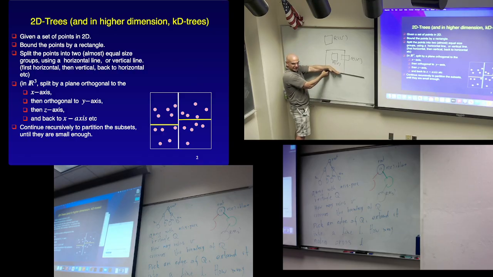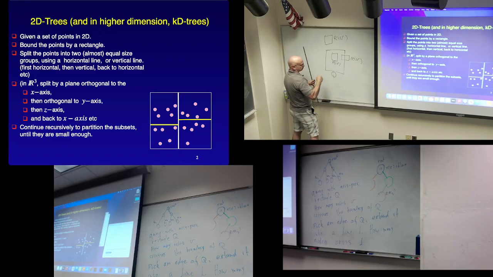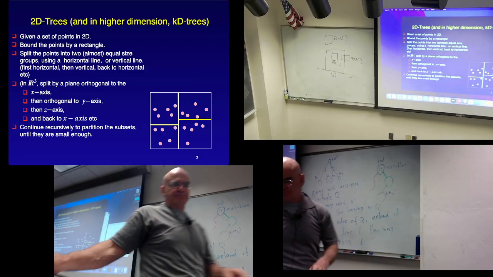Maybe it's a vertical lower line, maybe it's a horizontal upper line, maybe it's a right line, maybe it's a left line, but it must. Of course I overcount by this, but I don't overcount by much. I'll replace the edge of Q by the line L that contains this edge, and that's the same question. How many nodes V have the region RV crossed by L?